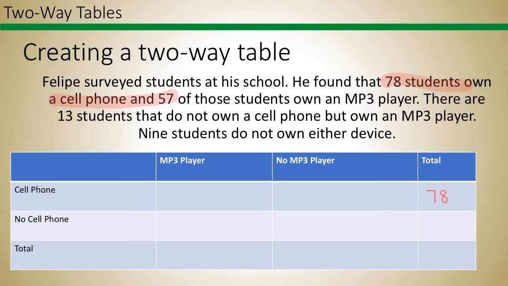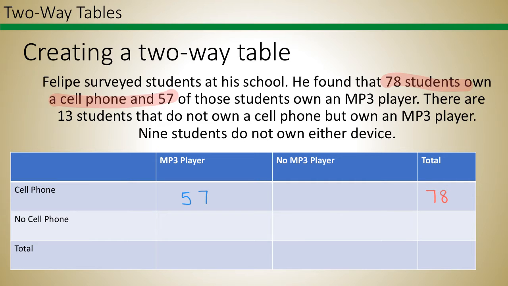Okay. Next thing we know is that of those students, 57 of those students own an MP3 player. So 57 of those students who own a cell phone also own an MP3 player.